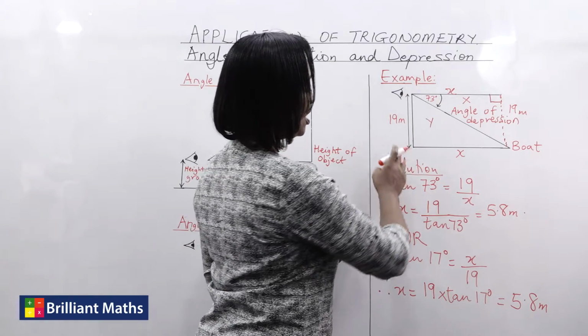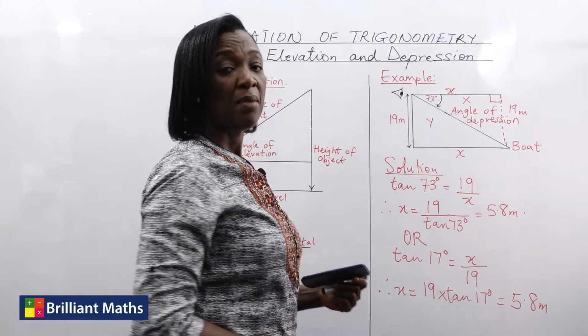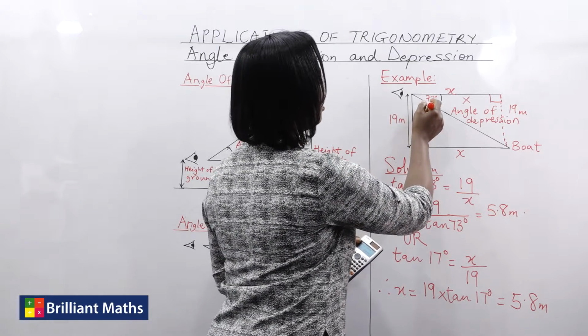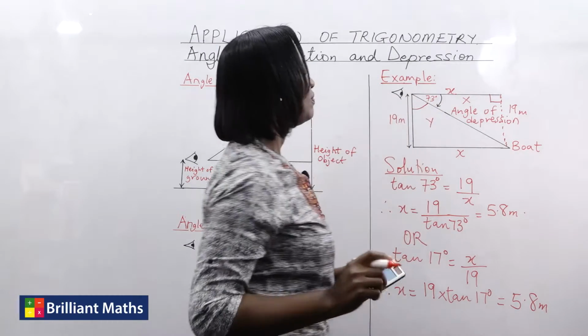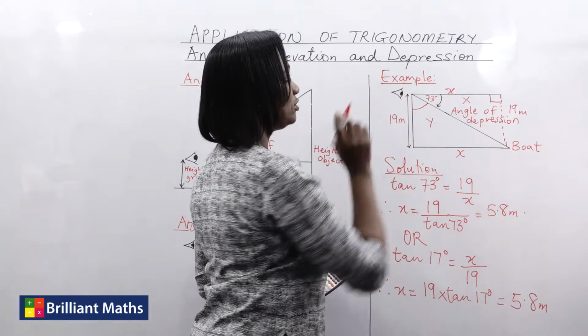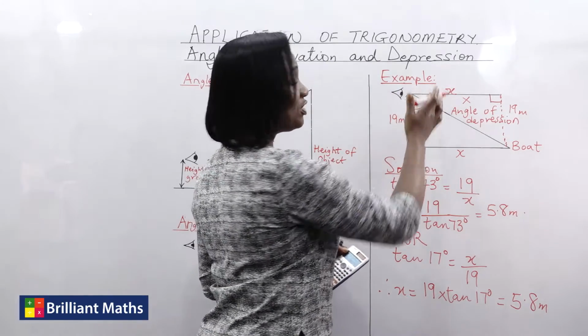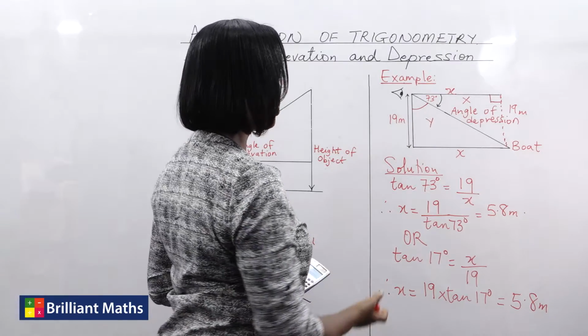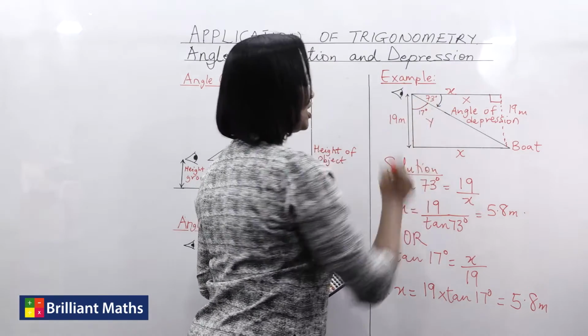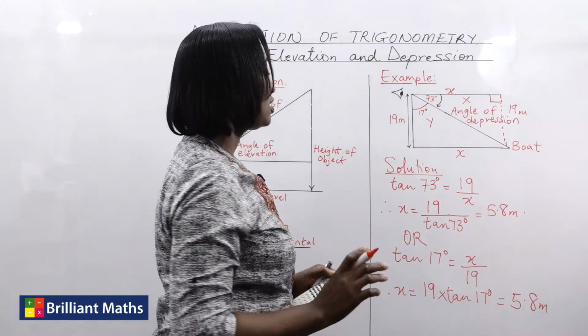So X is equal to 5.8 meters. But an alternative method is to find this angle. And how can we calculate that angle? Since this is a right angle, subtract 73 from 90, and that gives you 17 degrees. So that angle is 17 degrees.